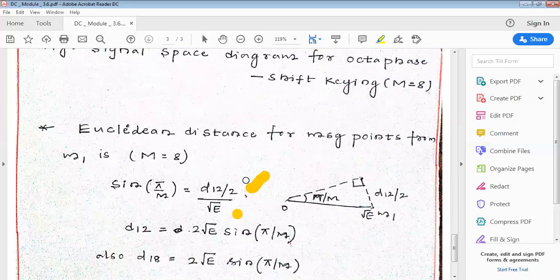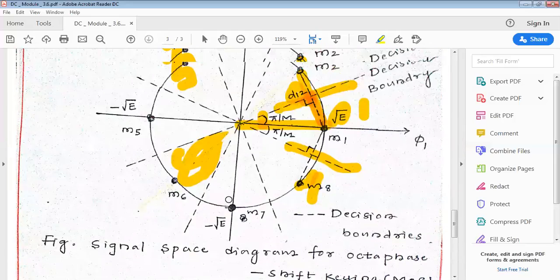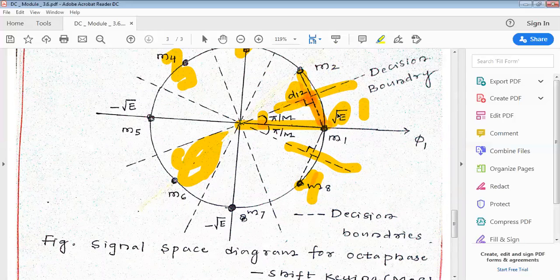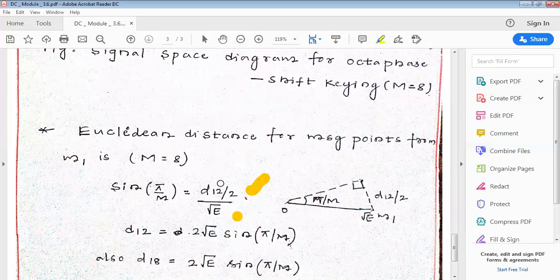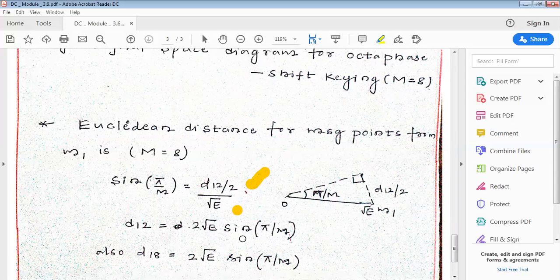The hypotenuse, from the origin to the M1 point, is nothing but square root of E, that is the x-axis coordinate. Now let us shift the square root of E and the 2 to this side, so we get D12 equal to 2 times square root of E into sine pi divided by M.